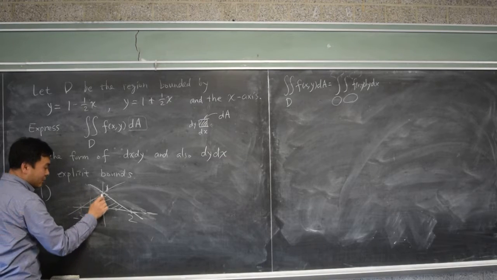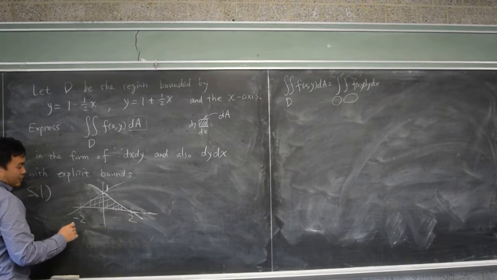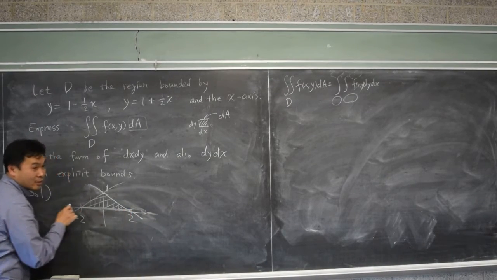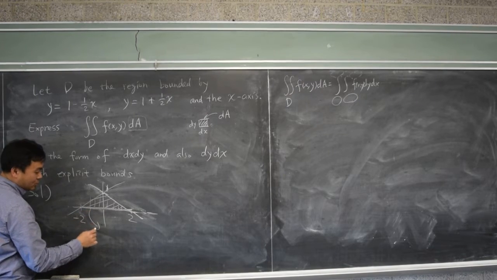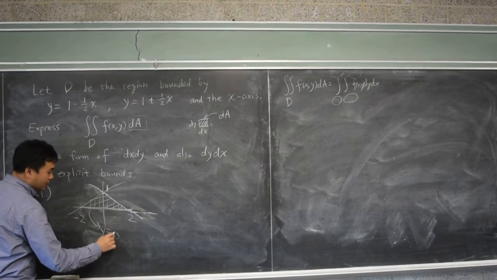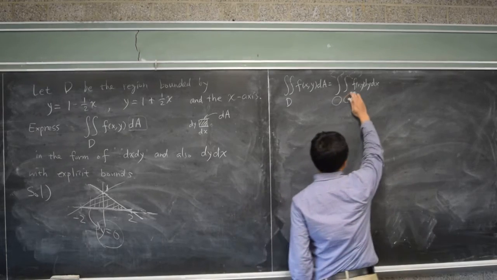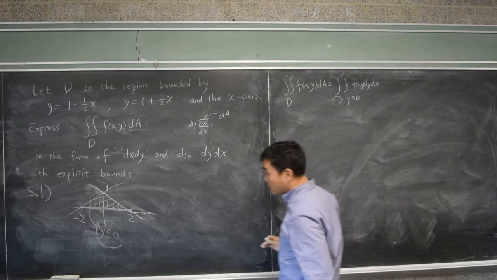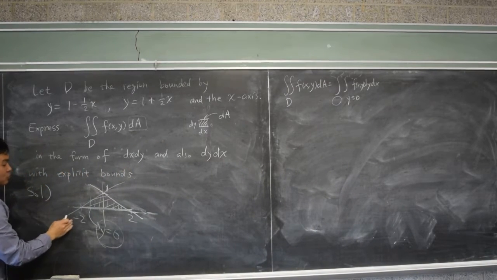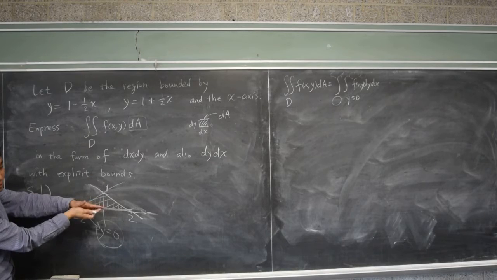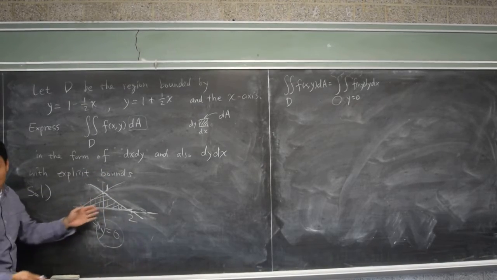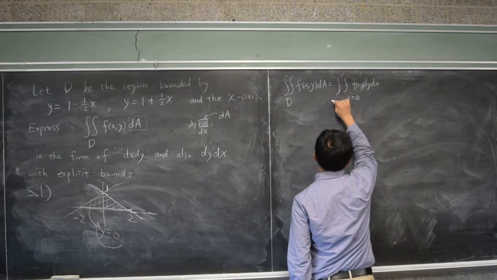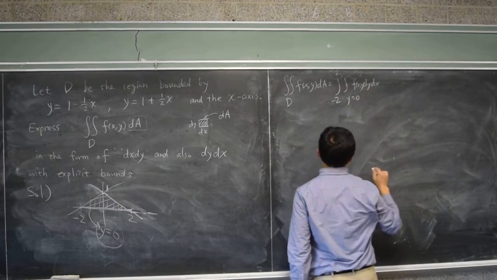The place where the paintbrush starts is easy. You're always starting from here. What's the equation of this? y equals 0. That's easy. And the x range, if you flattened it to make a one-dimensional integral, is from negative 2 to 2.